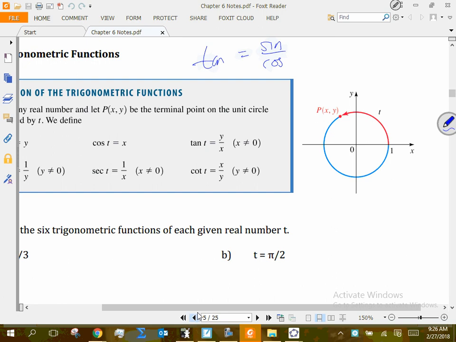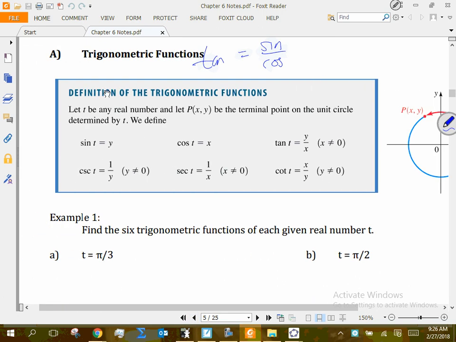And isn't this in a unit circle? Haven't we defined that sine is just your y value of your ordered pair, and cosine is just your x value? Does that make sense? Okay, so using these two things, and the fact that we know tangent is sine divided by cosine, that's where we get that.